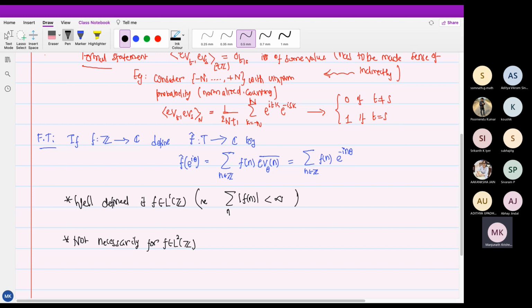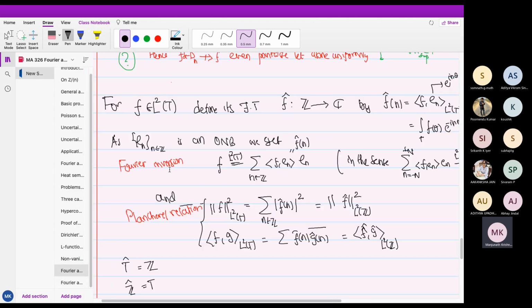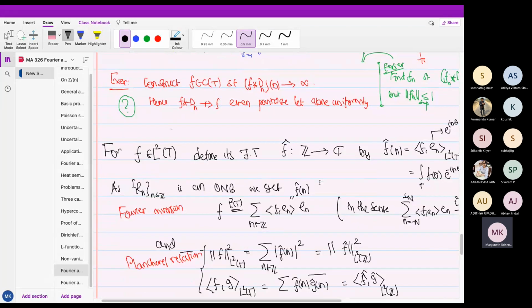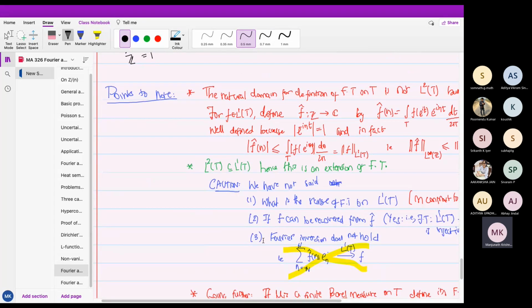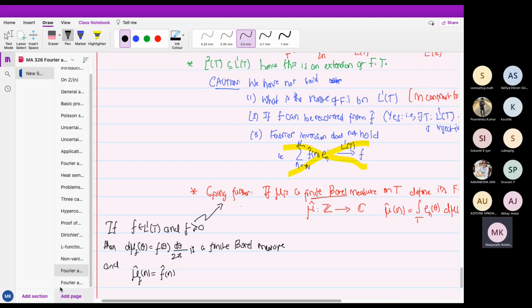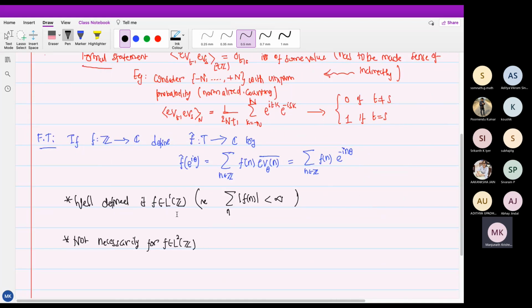So this is somehow complementary to what happened with the circle group. If you go back to the circle group, at first we were interested in Fourier transform for L2 functions, but we could go further and define it for L1 functions, and L1 is larger than L2. Therefore, that subsumes L2. And we went further and defined it for measures. But when you go to Z, it is naturally well defined for L1 functions, but L1 doesn't contain L2.